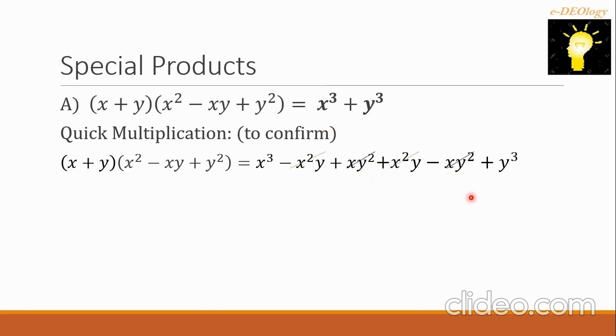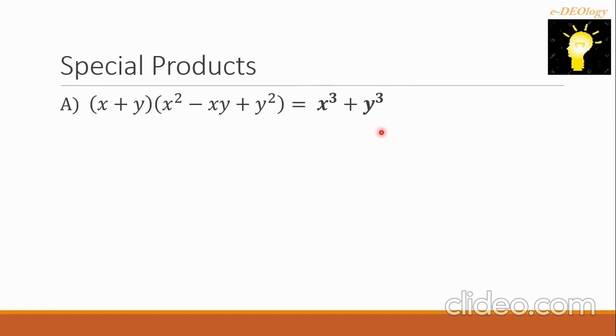So it means to say we can cancel these terms respectively, and then we will collect the terms that will remain. Obviously, this is x cubed, and also the plus y cubed. So this is our final answer. As you can see, this answer is the same as our special product that is written up here.